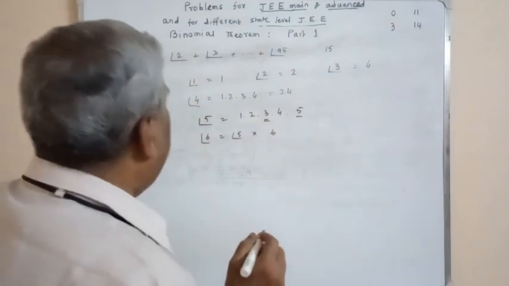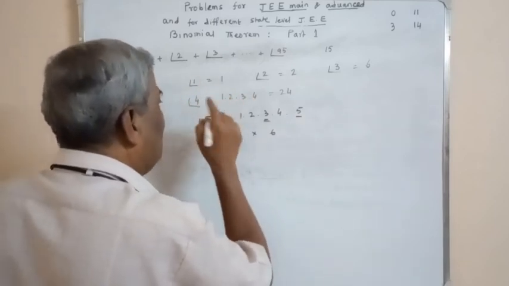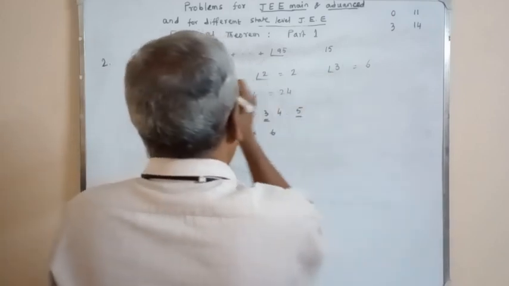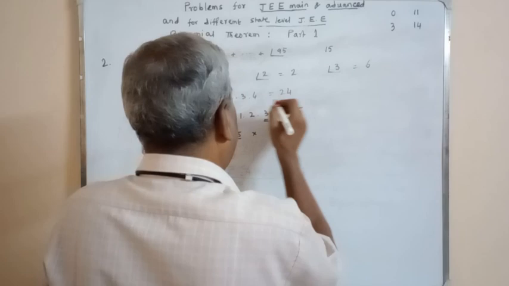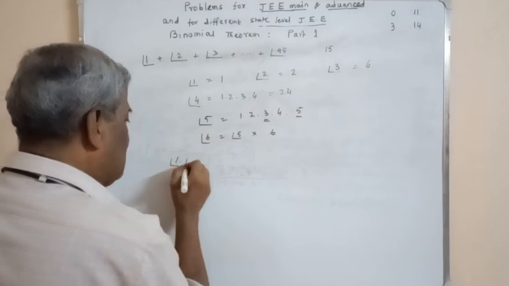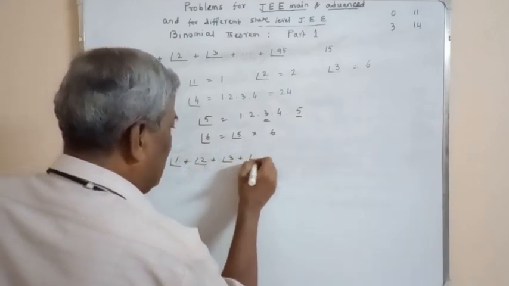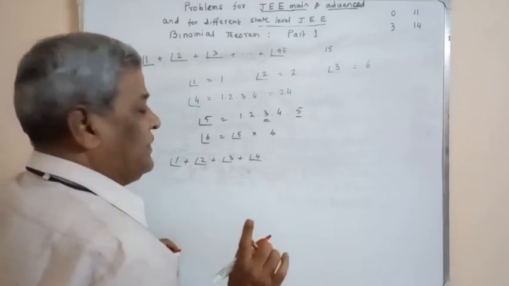Then the remainder comes from factorial 1, factorial 2, factorial 3 and factorial 4 together, and this sum is not exactly divisible by 15.